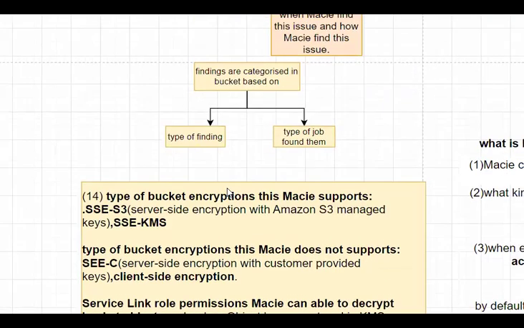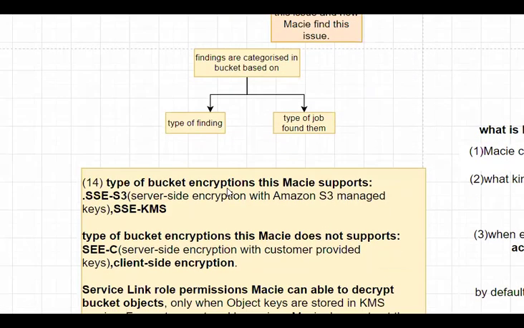This service-linked role can provide Macie permissions to decrypt the bucket objects only when object keys are stored in the KMS service. So for keys stored in the KMS service, Macie is able to access them within AWS. Let's say a customer stored keys on their own.